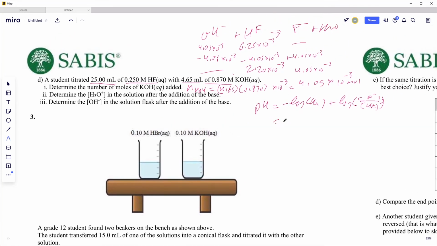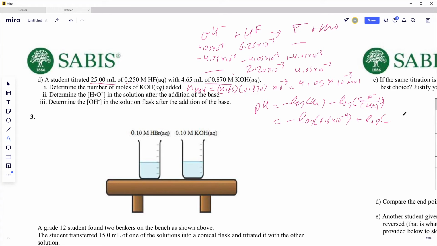So minus log of 6.6 times 10 to the power of minus 4 plus the concentration of F minus. We have the number of moles, so we can get the volume. Since you're adding the solutions, they exist in the same volume. So dividing n over v by n over v, the v's cancel because they're the same. So you can instantly do n over n.